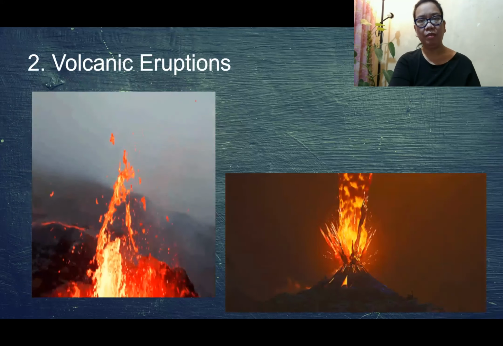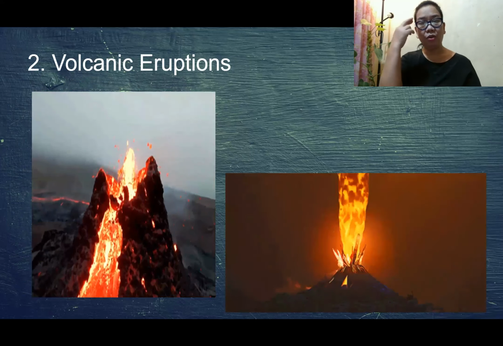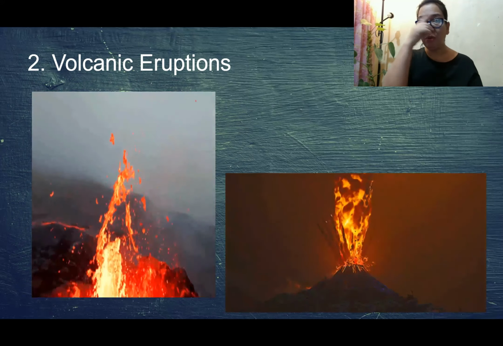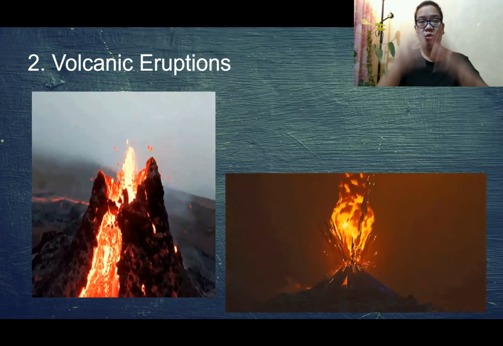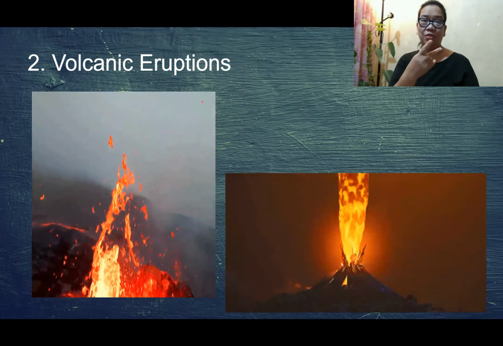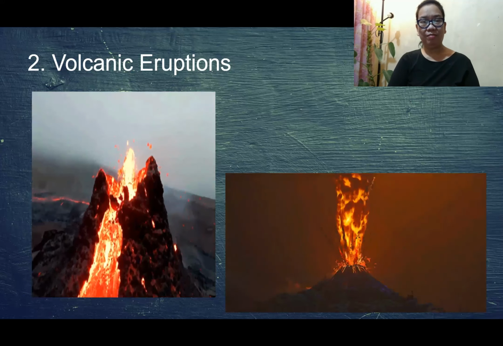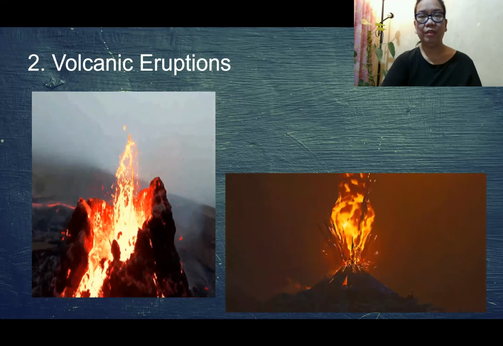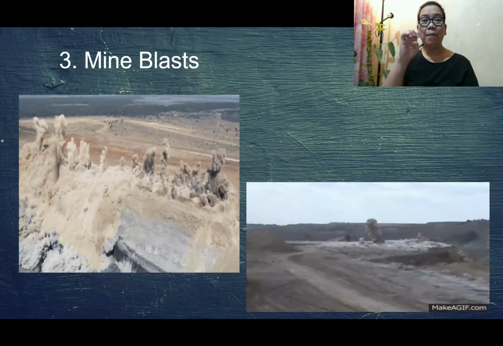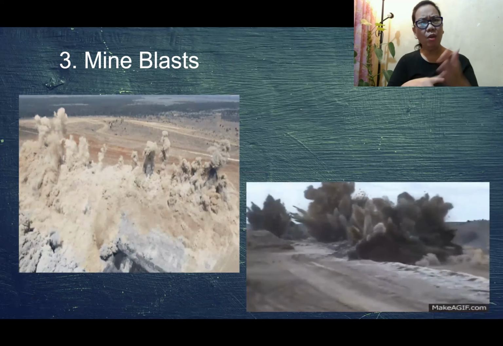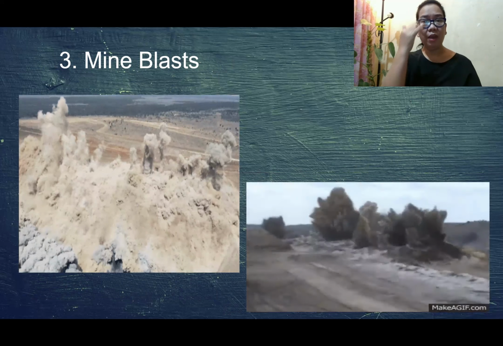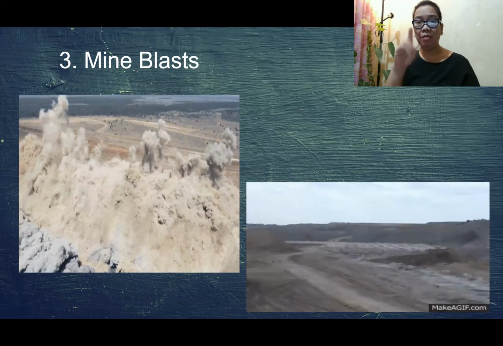Okay. The next reason why earthquakes occur is because of the volcanic eruption. You look at the images. Next, our third is the mine blast. Why do they have to have mine blasts?